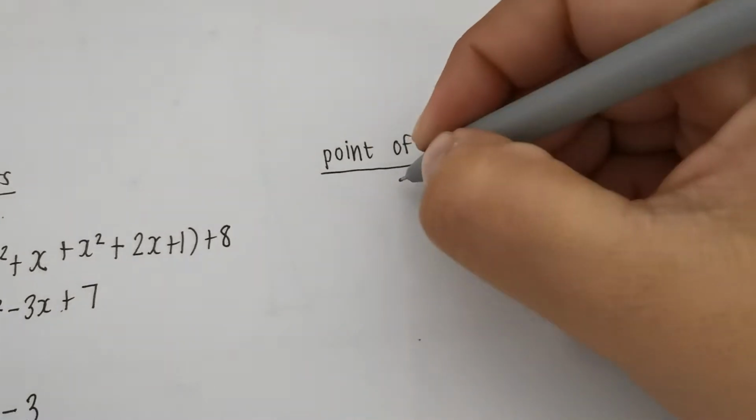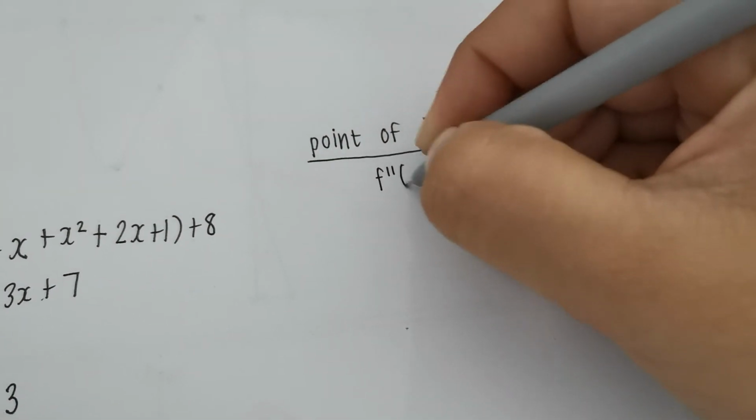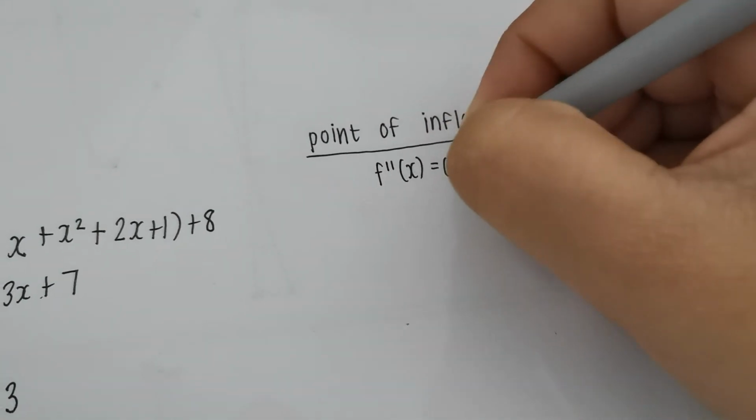Okay, now I need to find my point of inflection. We know for a point of inflection, the second derivative equals 0.